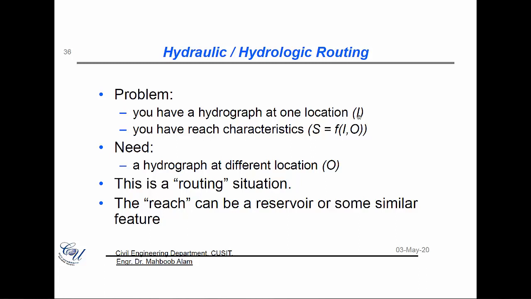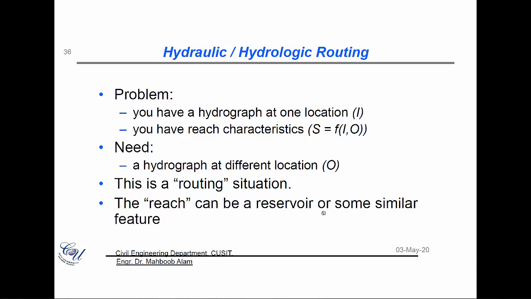Those characteristics can be the stage discharge relationships or the outflow relationship with the storage. So these some kind of characteristics would be known to you. What would be required would be a hydrograph at another location, and that would be termed as the outflow.